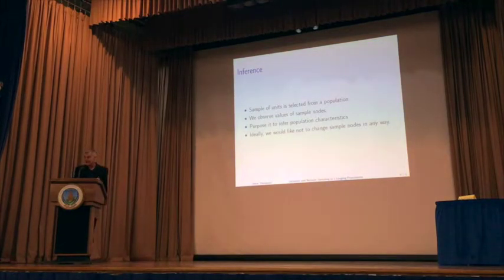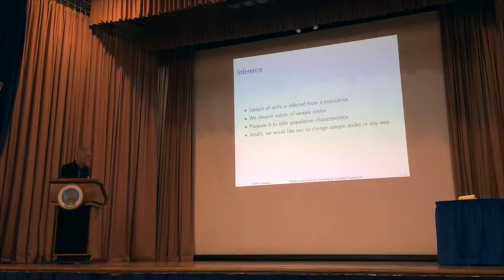So, sampling for inference. We select a sample of units from the population and observe the sample on the nodes. And so our ideal here is to make no intervention at all, to not influence, to not change those values.